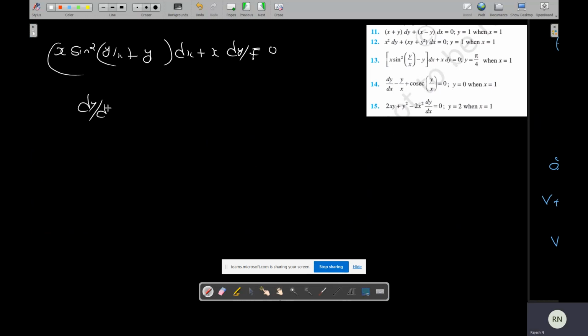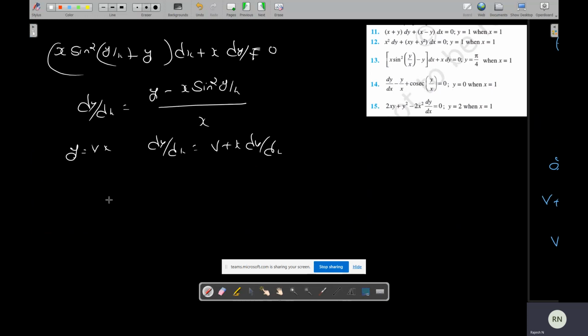So what is dy by dx? (y minus x sin squared (y by x)) by x. Now substitute y is equal to vx. Y is equal to vx means dy by dx is v plus x into dv by dx.